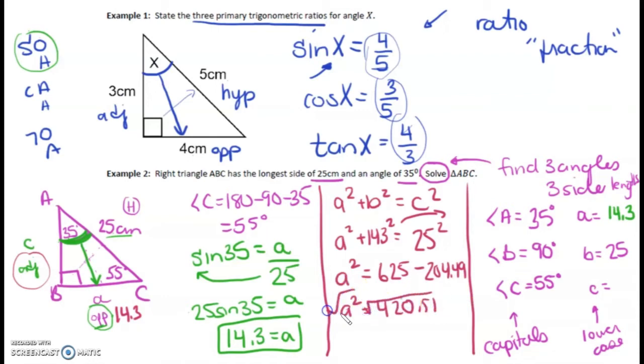And we're going to root both sides, right, to get the square off of it. A equals 20.5. Okay, you don't have to take into account the plus minus because we're talking about lengths. We're never going to have a negative length. And these are going to be centimeters. Okay, and that's how we solve an entire triangle.